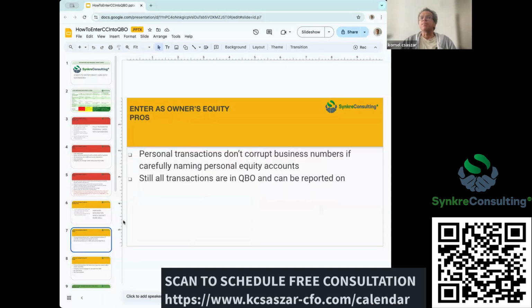So the pros are that personal transactions don't corrupt business numbers if you carefully name personal equity accounts. These accounts will still show up on your financial reports, but if you give them clear names, they will be neatly separate and they don't corrupt your critical numbers.